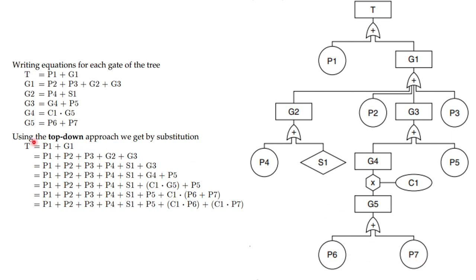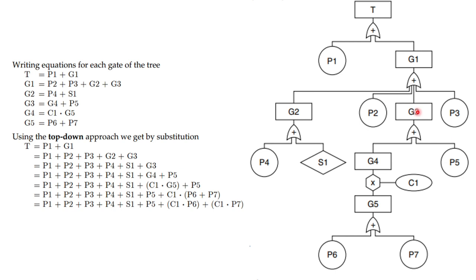Okay. For using the top-down approach, we will get the equation by substitution. So T equals P1 plus G1, and then going down, we have P1 plus P2 plus P3 plus G2 and G3, and then one level down, P1 plus P2 plus P3 plus P4 plus S1 plus the G3.